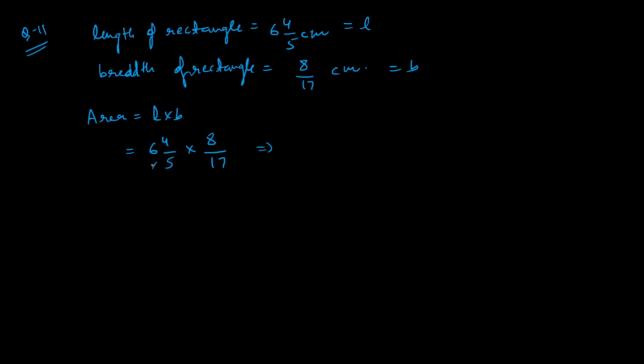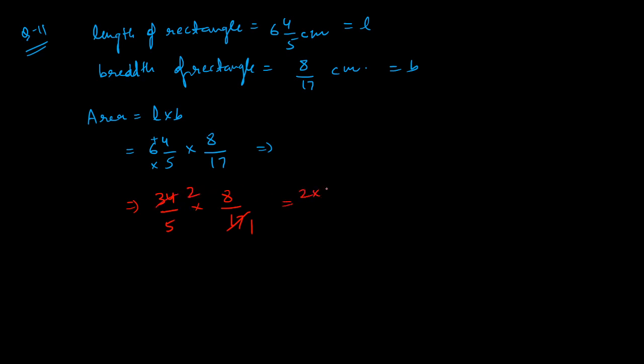Okay, now change this mixed fraction into improper. So we can write it 6 5s are 30, 30 plus 4, 34 upon 5 into 8 upon 17. Now 17 ones are 17, 17 twos are 34.